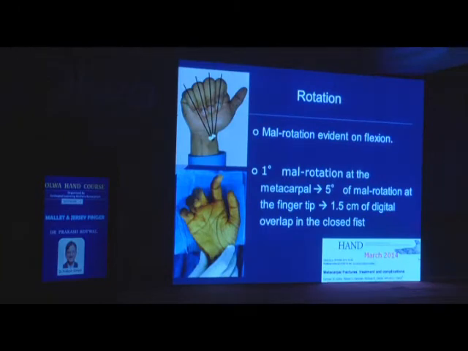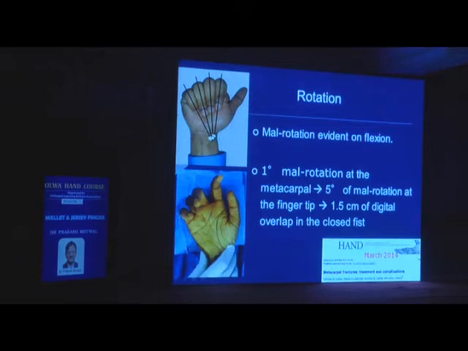Rotation, as I said, the third thing, is not acceptable. And the rotation becomes evident only when you flex the finger. If the finger is extended, sometimes the rotation cannot be differentiated or diagnosed. You can see here, in flexion, normally if you draw lines here, they all converge towards the tubercle of the scaphoid.